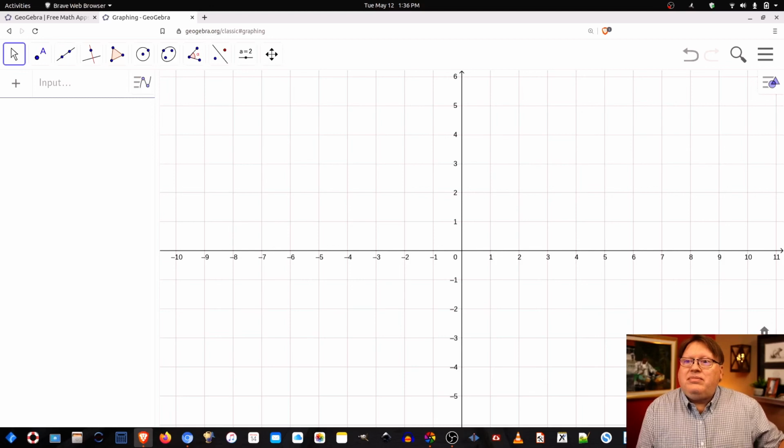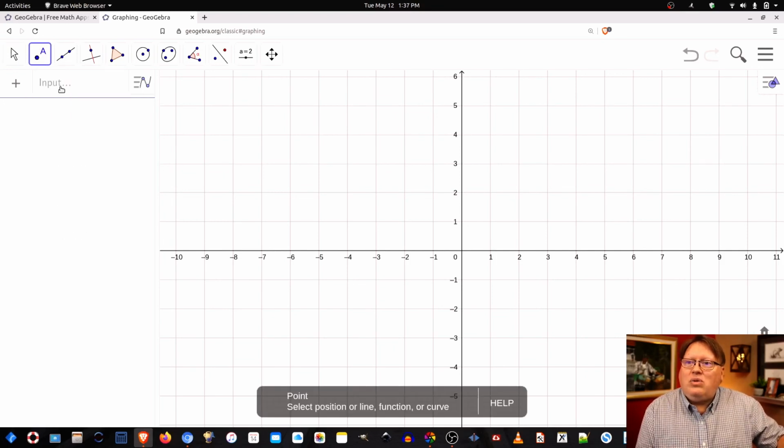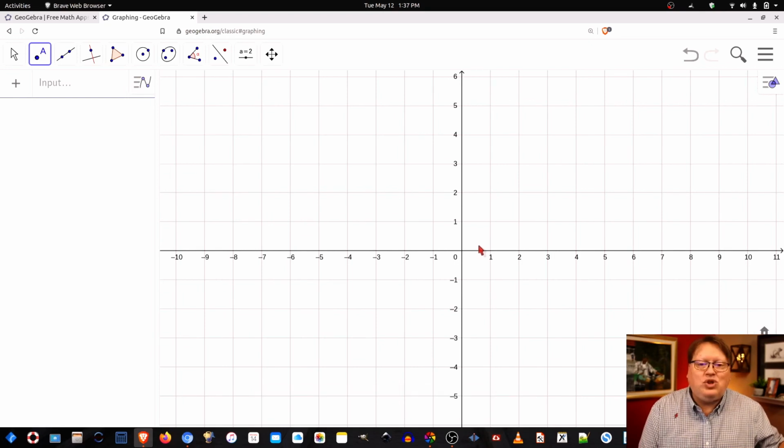All right, so right now we're back. Hope you guys were successful in analyzing this. We're going to click on the point tool and we'll see if we get the same answer. So we're looking at the first point, which is (2, -3). So this is (2, -3), and I'm going to click on that point.